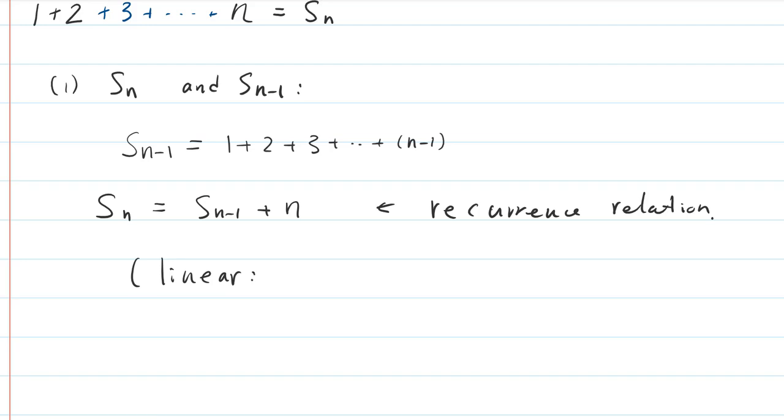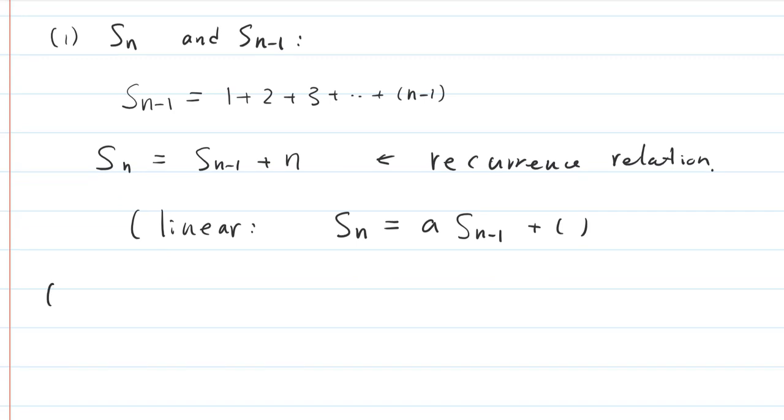Linear means you have this kind of form: Sn is equal to a constant times Sn minus 1 plus something over here. And this something is the non-homogeneous term. In our case, it is n.